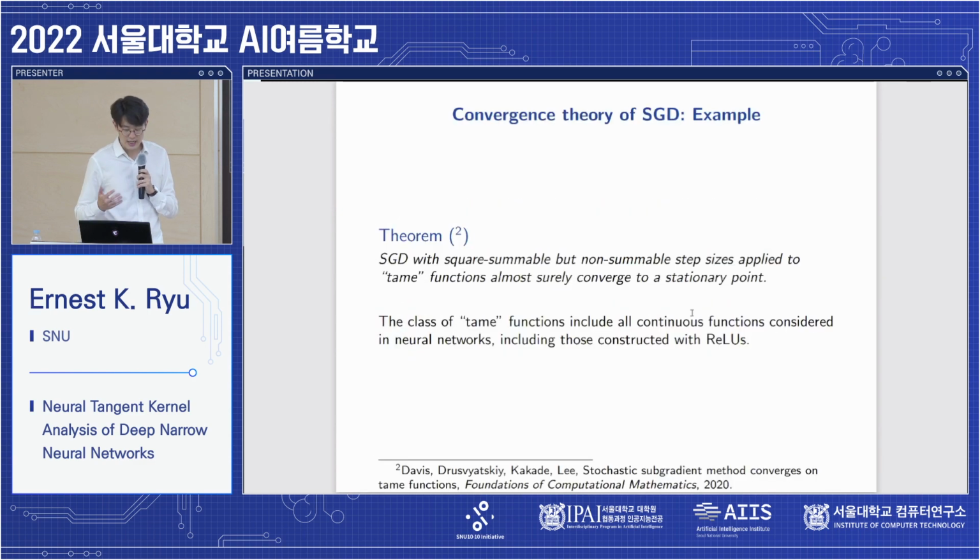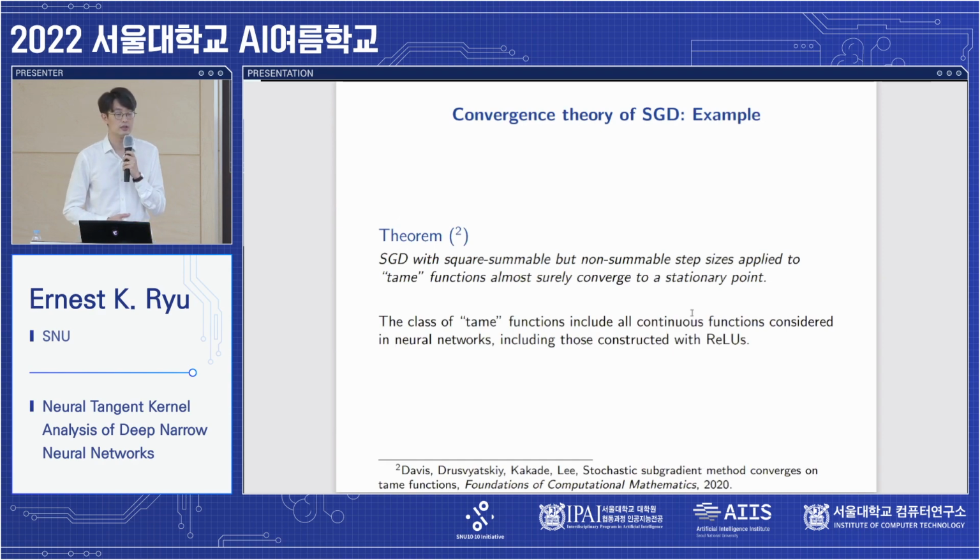And here's an example of, in a certain sense, the state-of-the-art mathematical theory on the convergence of SGD. It states that if SGD uses a square summable but non-summable step size, so the learning rate decays at a certain rate, and if we apply SGD to the class of so-called tame functions, then SGD almost surely converges to a stationary point.